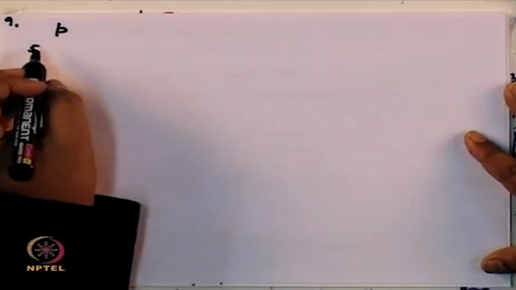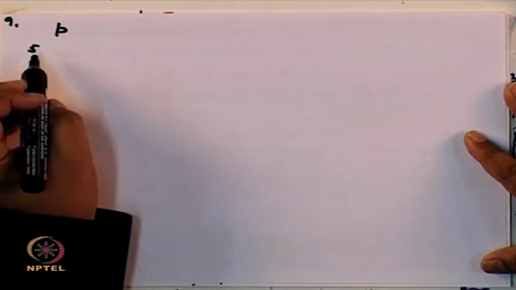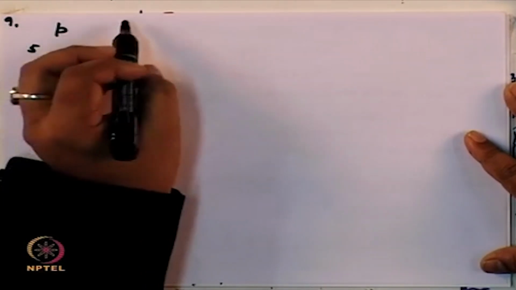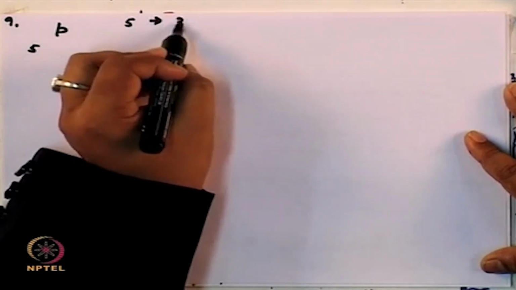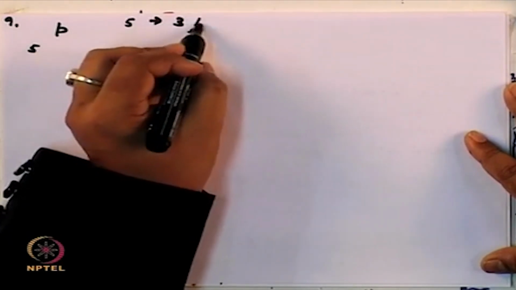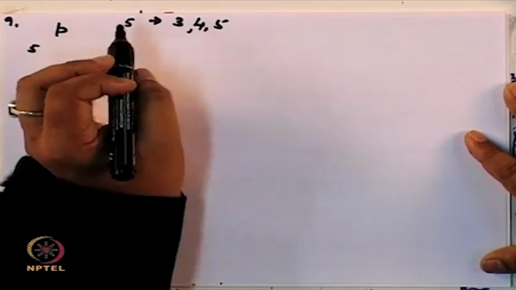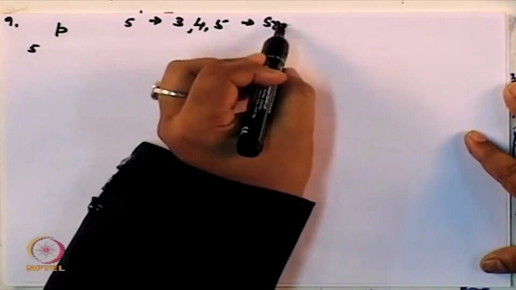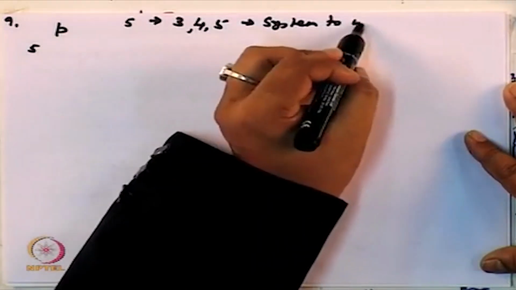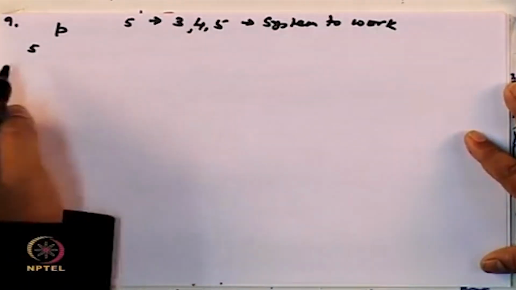So, for the 5 component system to work, from 5 you must have at least 3 components working, 4 components working, or 5 components working for the system to work. Okay. So, what is the probability?